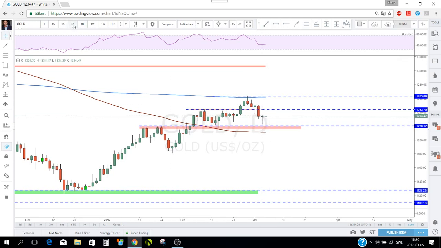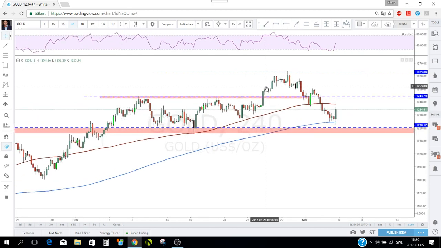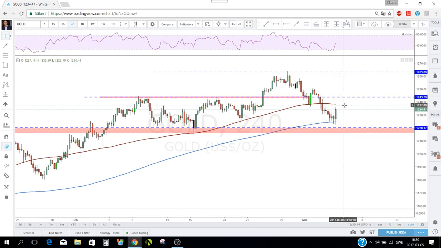If we go down to the 4-hour to see what the situation is, you can see that price did a test of the 200 moving average here and got rejected back up. So for now, short term, this uptrend is broken, and we have a lower low and a lower high and another lower low.